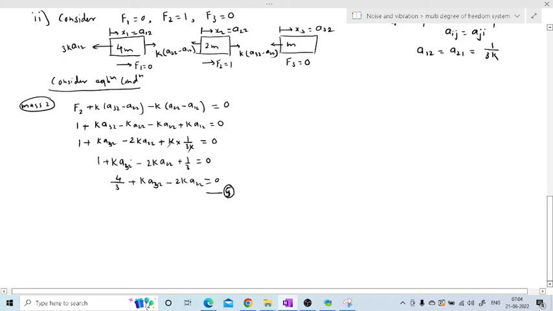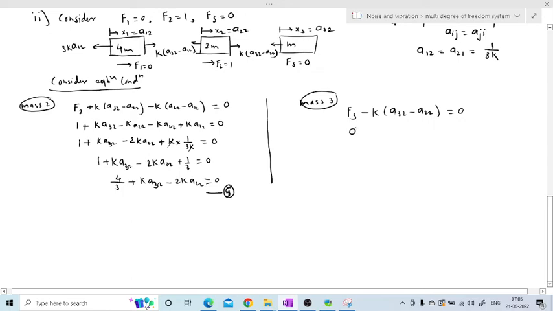Okay, so I have written from mass 2. Now write from mass 3. Now F3, which is on right side, there is no force here, so minus K A32 minus A22 will be equal to 0.